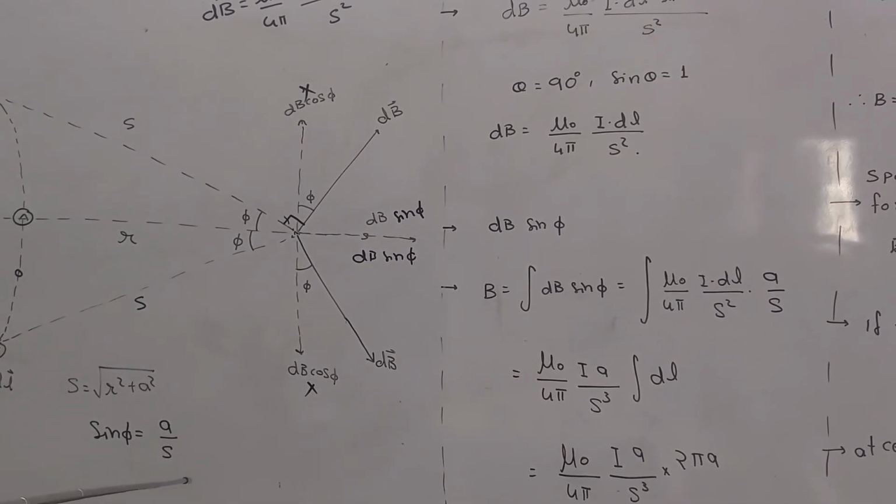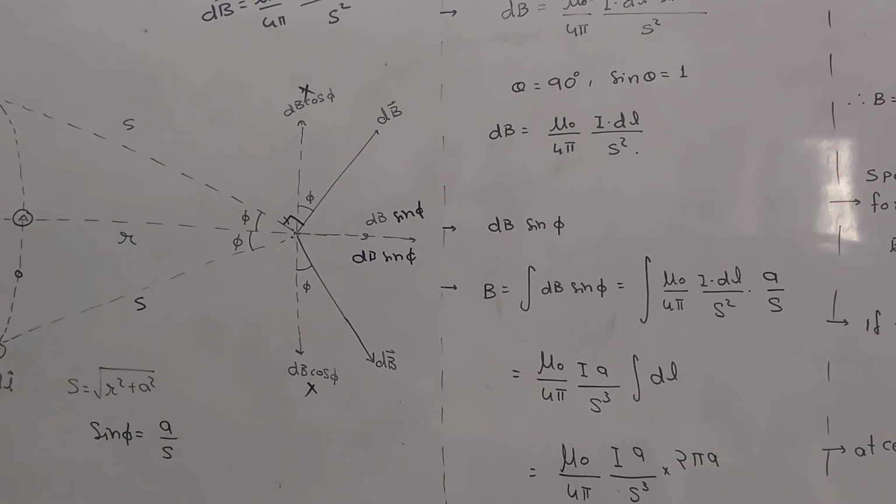It is a upon S. So put this value of dB over here, put the value of sin phi over here. Take the constants out: mu 0 by 4 pi, current I, radius of the loop a, and the distance. They are all constants, so kick them out of the integration. What is left is only integration of dl, that means integration of the length of the loop.